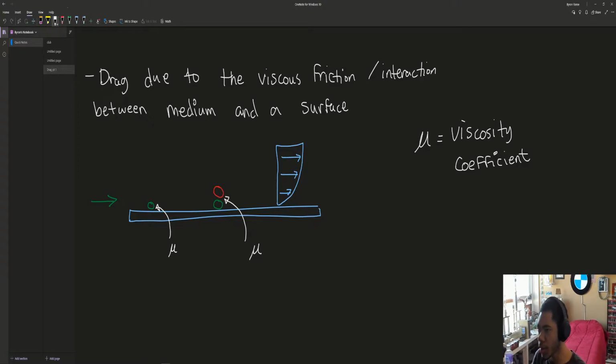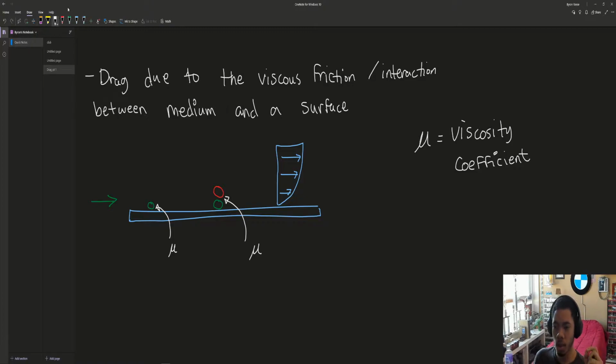So why does this create drag? Well, as you try and move your body through the air, because of that friction, the air is going to attempt to prevent the body from moving through it. That is what viscous friction is. Imagine if you had a cup of water, and then a cup of syrup. Imagine both you can see through, and you dropped a marble into it.